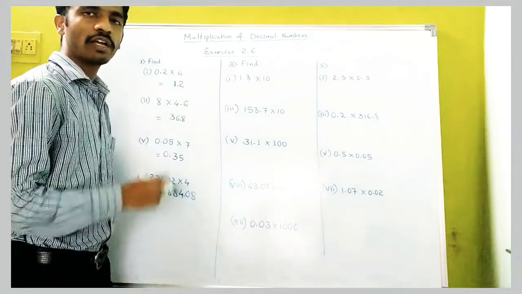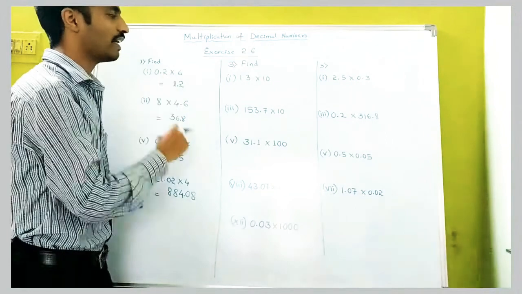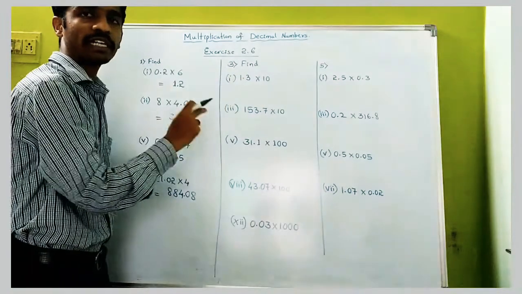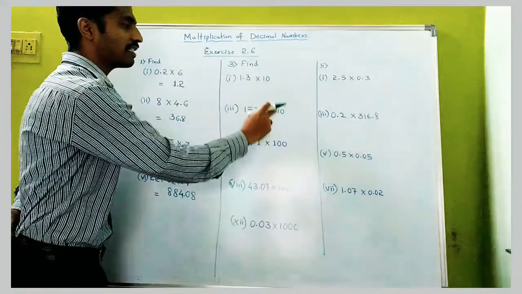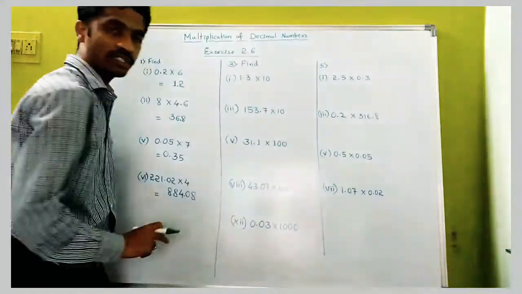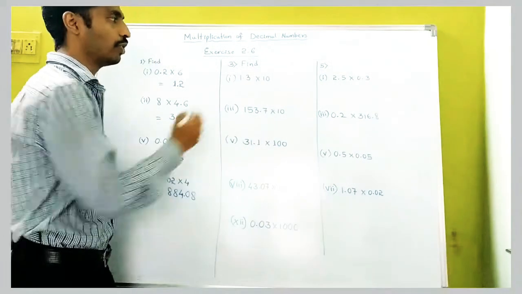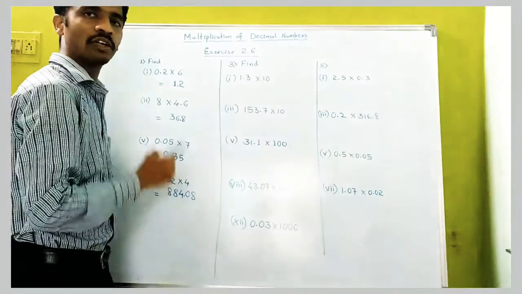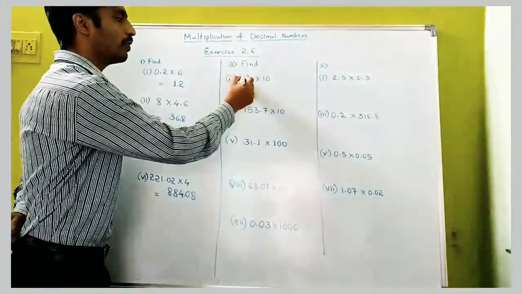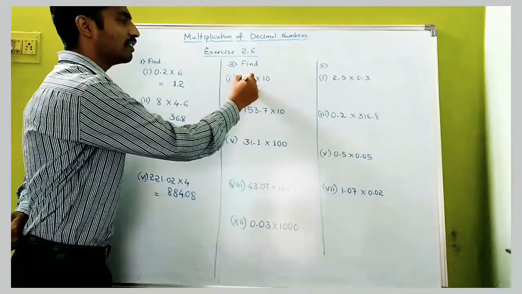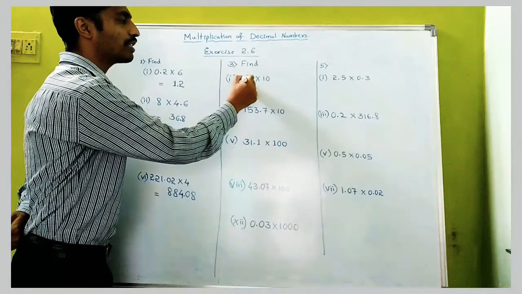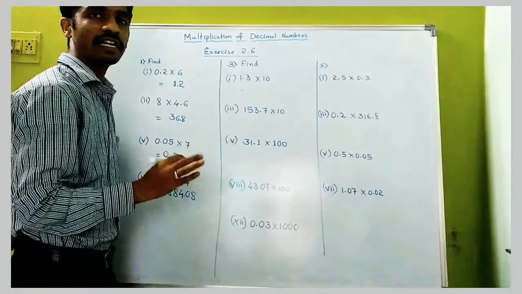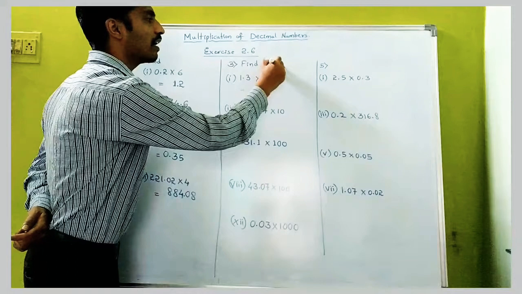Now coming to the second type. Here we are multiplying with the 10 multiples, means tens, hundreds, thousands. So that time what we have to do? Here how many zeros are there? 1 zero is there. After multiplying you have to move this point towards the right side.